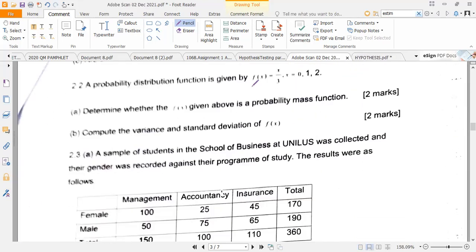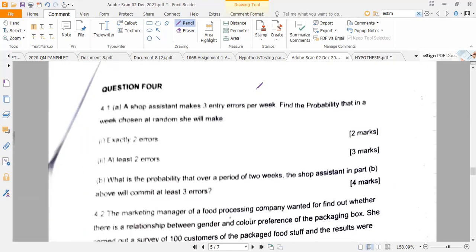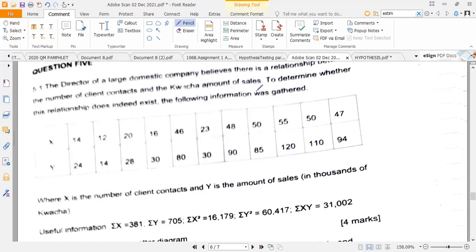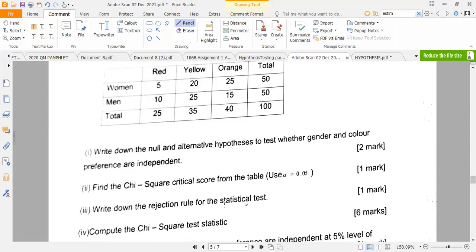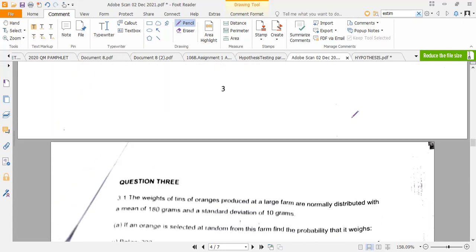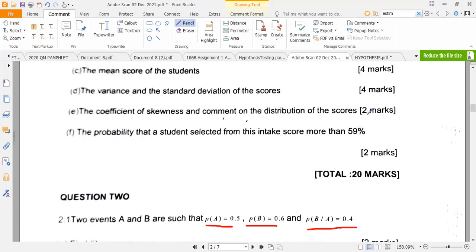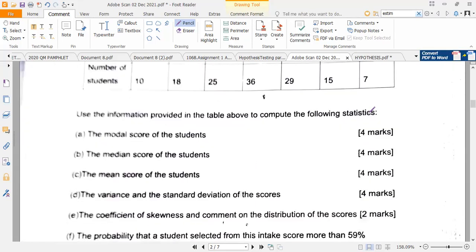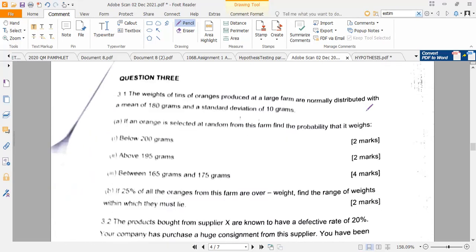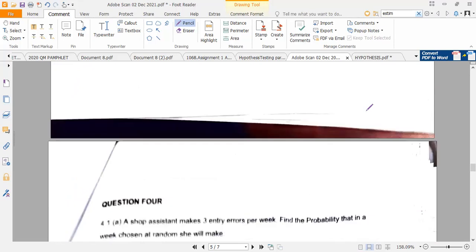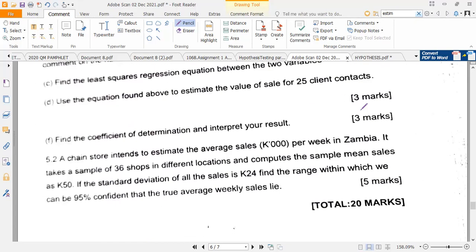So if we go to our exam to look for a question on hypothesis testing, okay, I can't see any hypothesis testing on chi-square and something else.